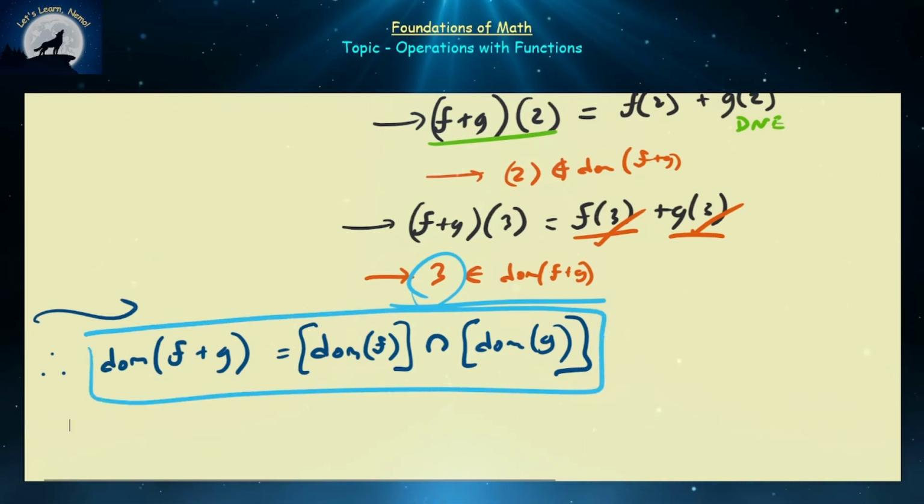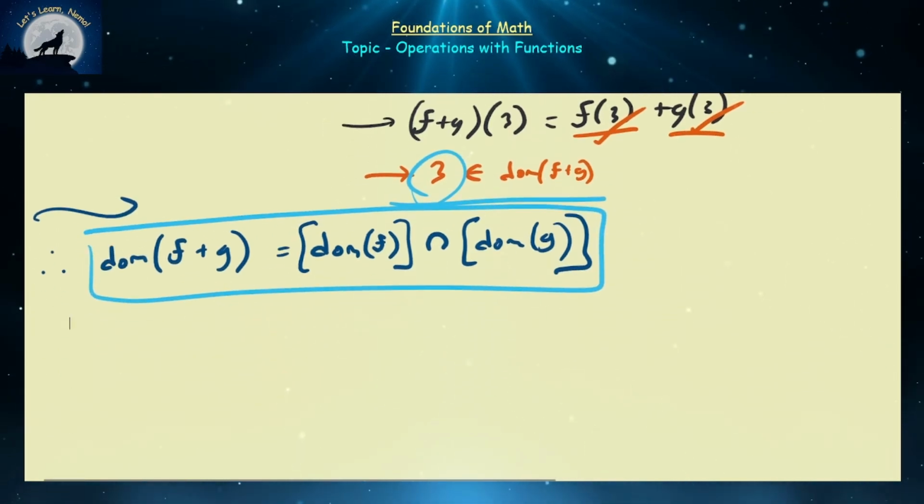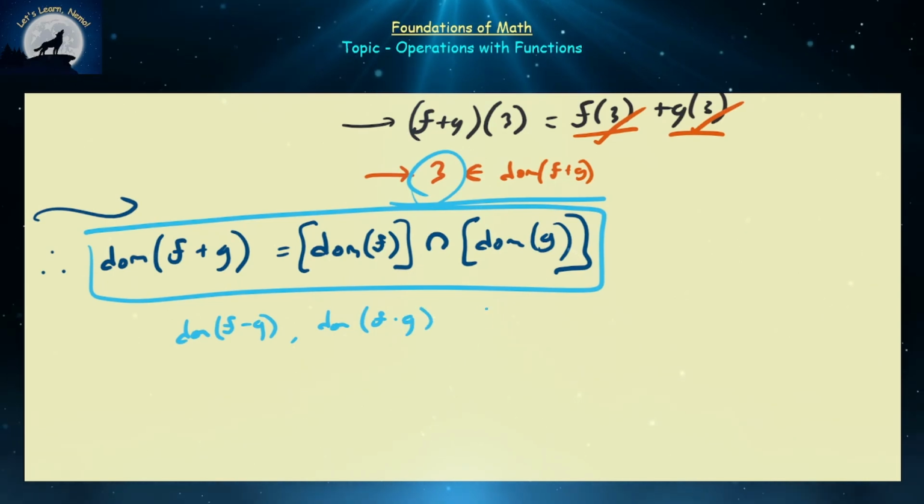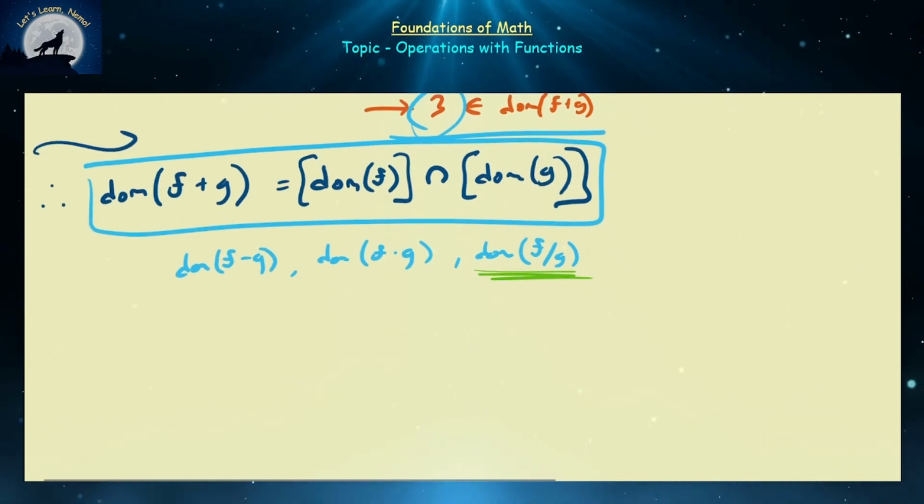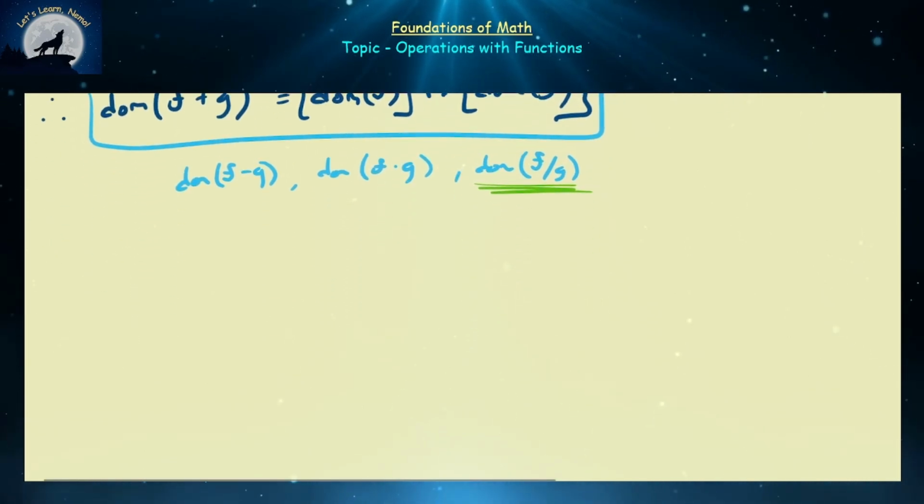And I also invite you to find a general expression, for example, for the domain of f minus g, the domain of f times g, and if you're very adventurous, the domain of f over g. But this one is a little bit more sensitive because we're dividing, and keep in mind you can't divide by zero, so we have that slight nuance to deal with.